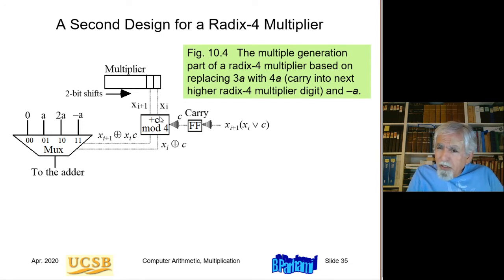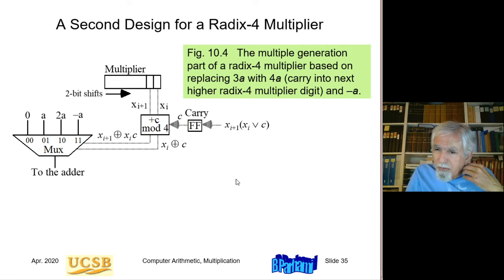So I've added this circuit on the critical path, and it may not actually be advantageous because I removed 1 cycle from the processing time, but I lengthened every one of the k over 2 cycles by this amount, this logic needed to store the carry and then incorporate the carry into the next digit.